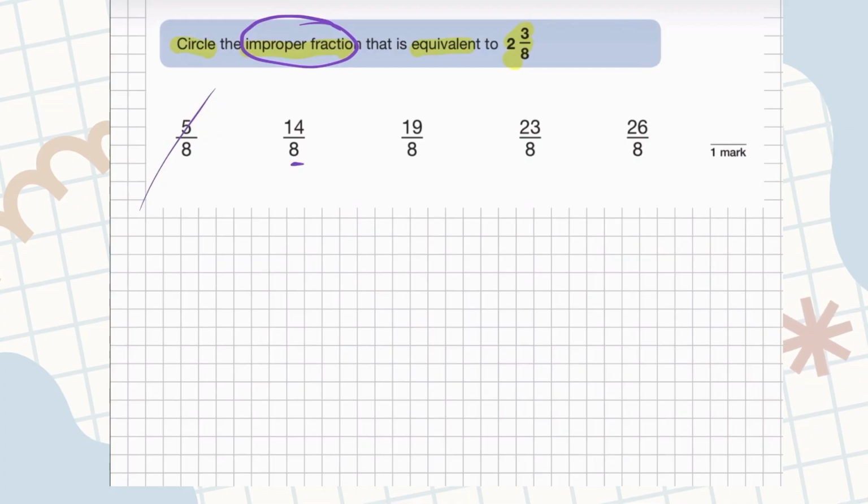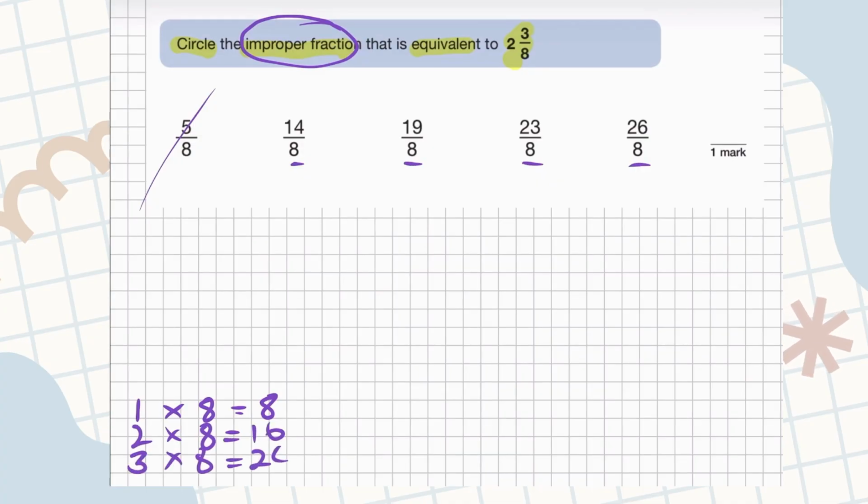All the fractions have the denominator 8, so I'm going to start off by writing my 8 times table. As the biggest numerator is 26, I'm going to get as close as I can to 26.